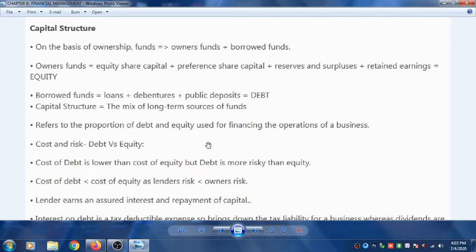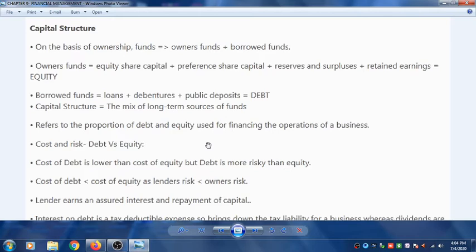Now cost and risk are very important to determine the debt versus equity. Cost of debt is lower than the cost of equity. In debt we have already studied, debt means borrowed fund and borrowed fund means loans, debentures, public deposits.